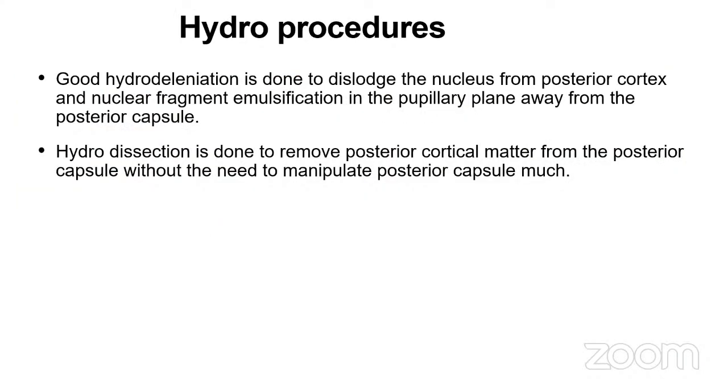So coming to hydro procedures, in preferred cases, hydrodelineation is done to dislodge the nucleus from the posterior cortex, and nuclear fragment emulsification is done in the pupillary plane away from the posterior capsule. And hydrodissection is done to remove posterior cortical matter from the posterior capsule without the need to manipulate the posterior capsule much.